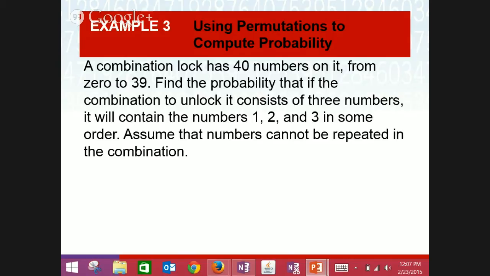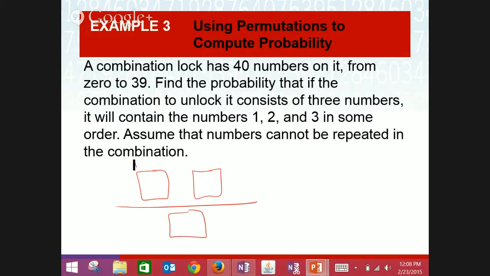So does order matter here? Yes. So is this a combination or a permutation? It's a permutation, right? So I need to use the permutation formula. I have 40 numbers, right? So there's a couple ways to do it. If I want to know the total, we can do the same setup as we did last time.